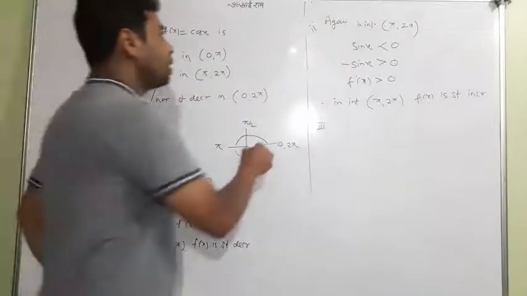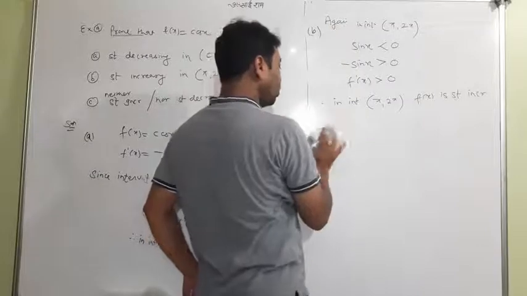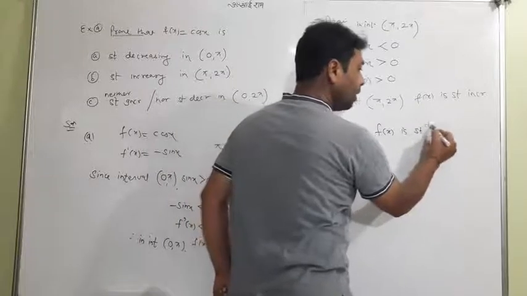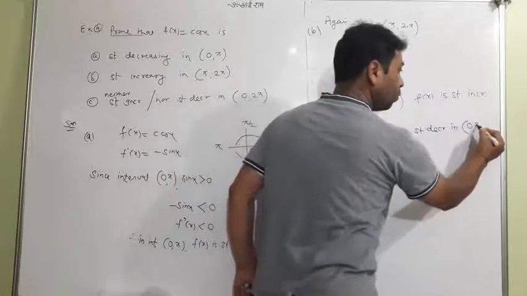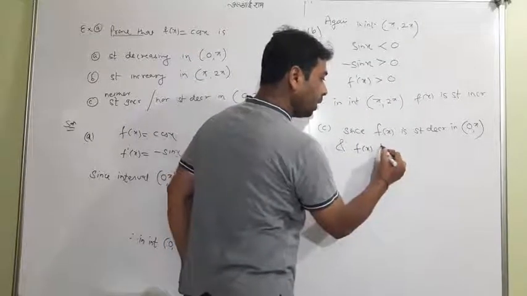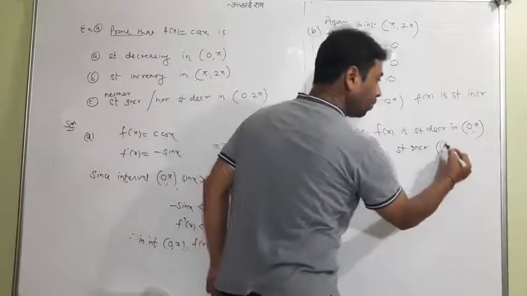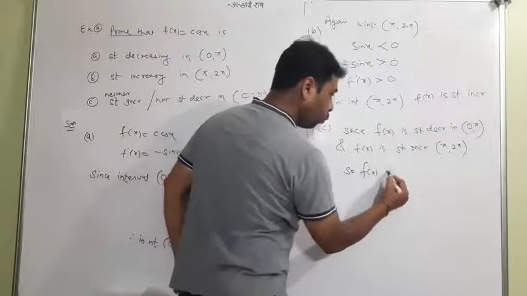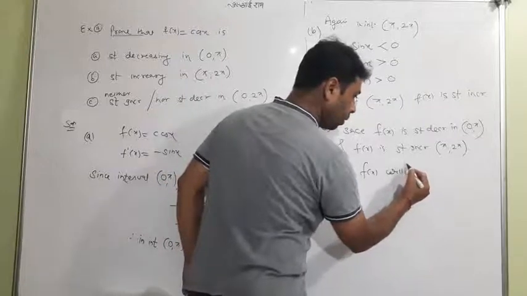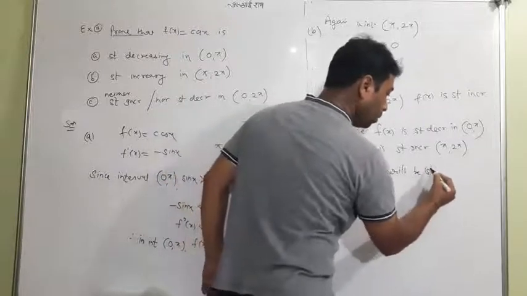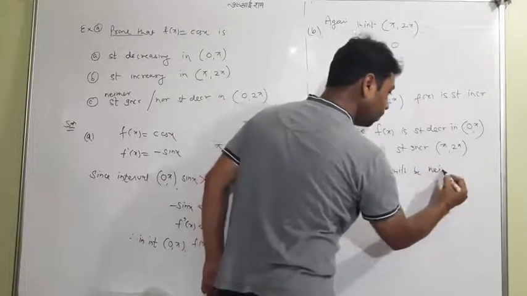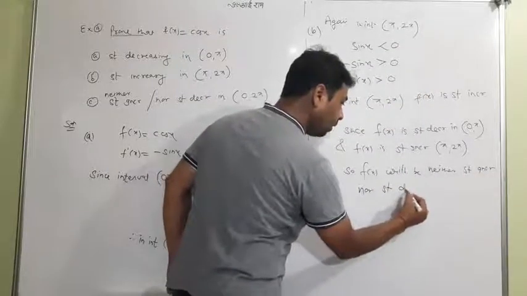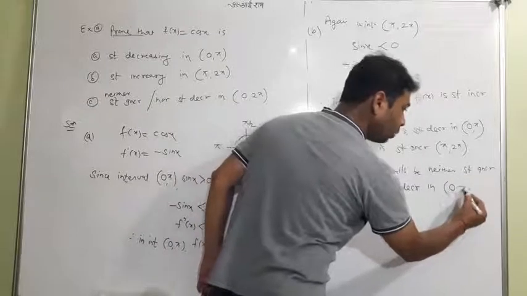A, it is B, and now I'm telling you C. So I'll write, since function is strictly decreasing in 0 to pi and function is strictly increasing in pi to 2 pi, so function will be neither strictly increasing nor strictly decreasing in whole interval 0 to 2 pi.